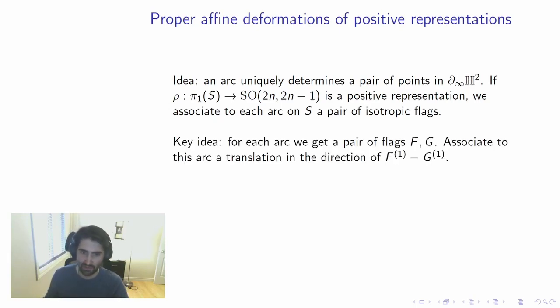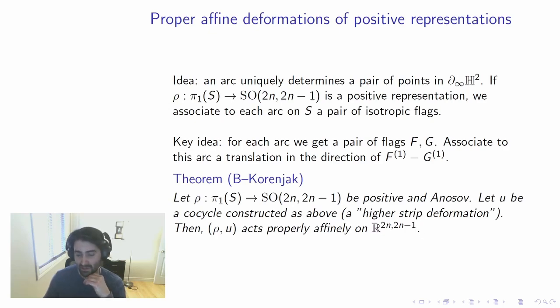So for each arc, you get a pair of flags. And then to this pair, you can look at the one-dimensional part of each one. There's also a way to orient all of the flags so that there's a unique orientation. Then you choose some translation that has a non-zero component in the direction of F1 and a negative non-zero component in the direction of G1.